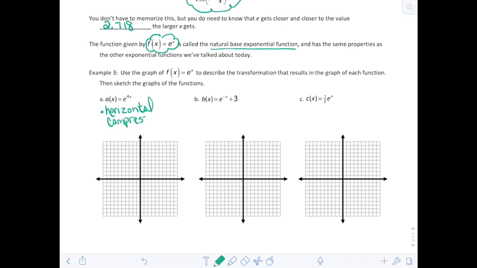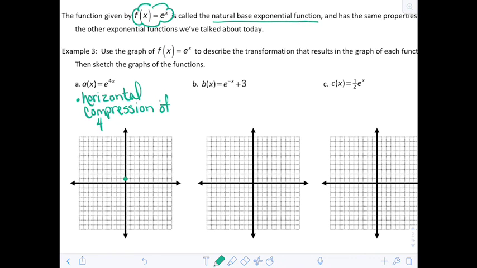This is going to make it get very, very narrow, a little bit faster. So again, these still go through (0, 1), and it's going to grow even faster than just e to the x.